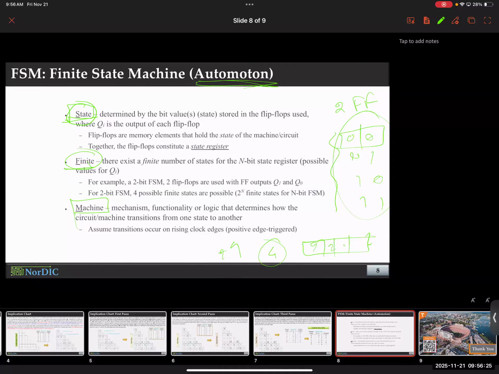For example, these machines, doesn't matter whether Mealy or Moore, as long as they're based on flip-flops, follow one interesting rule: they either follow the rising edge of the clock or the falling edge of the clock. So there is a rule that they follow. So this is a machine essentially. That's why the name finite state machine. You're dealing with a finite number of states in a machine. That's a mouthful, but this is what you have dealt with so far. You have already covered FSM, finite state machine.